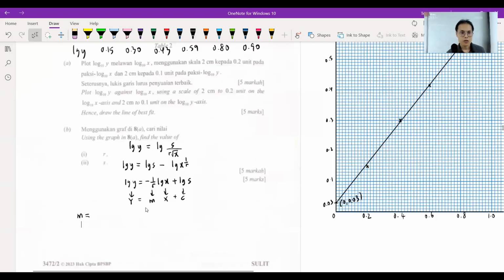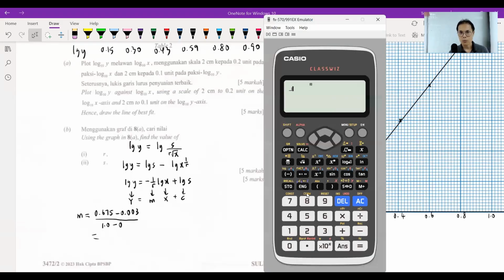So let's take 0.675 minus 0.003 divided by 1.0 minus 0. Okay, let's see. Go back to 1. 0.675 minus 0.003.